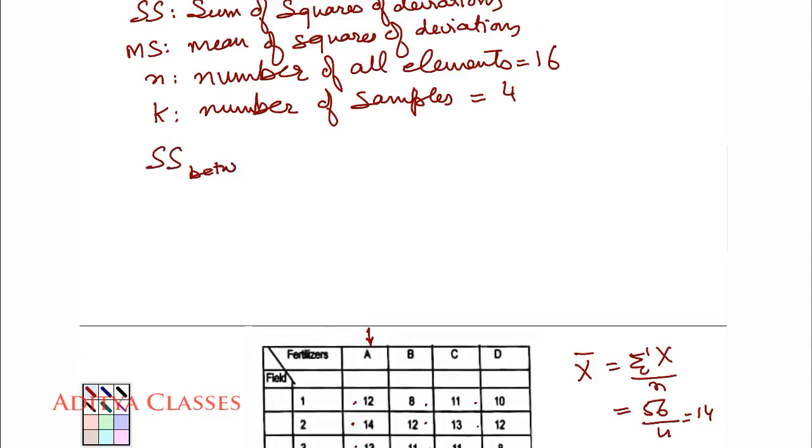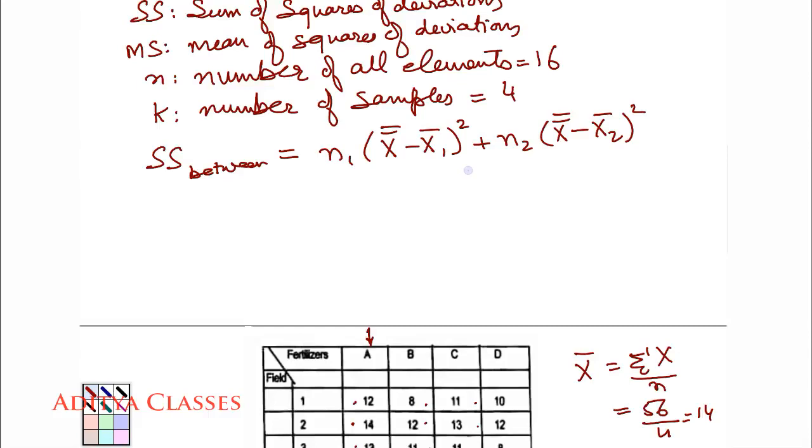SS between is n1 times (x double bar minus x bar 1) whole square, plus n2 times (mean of means minus the mean of that second one) square, plus n3 times (x double bar minus x3 bar) whole square. You can go on like this. This is SS between. And what about SS within?